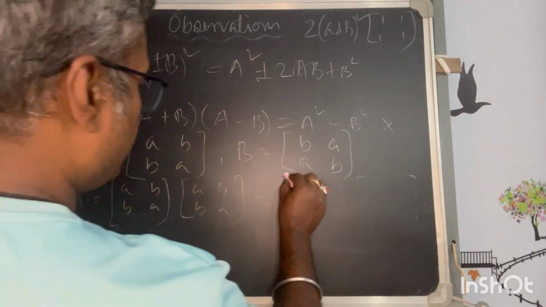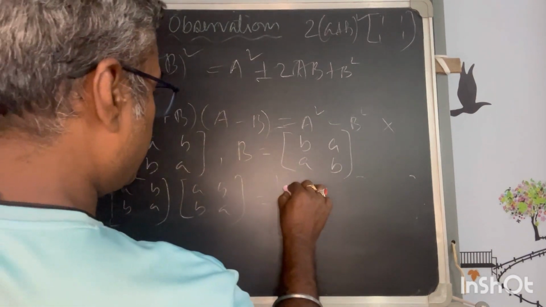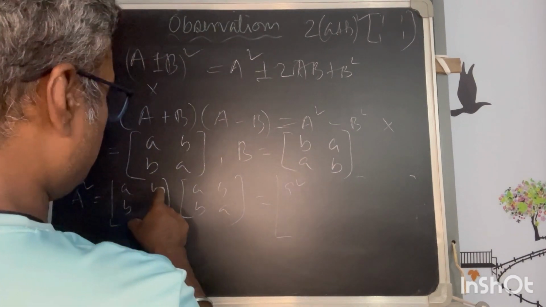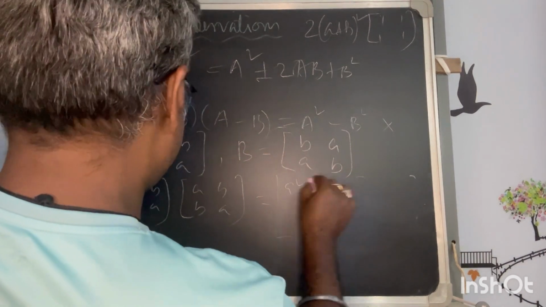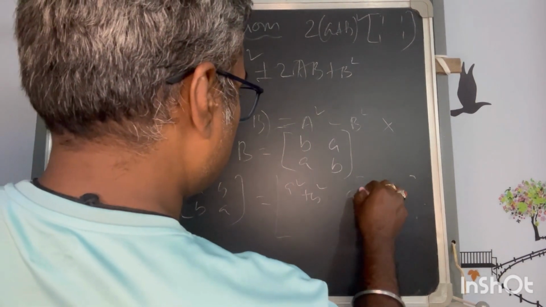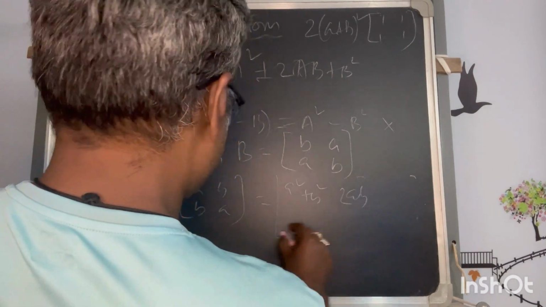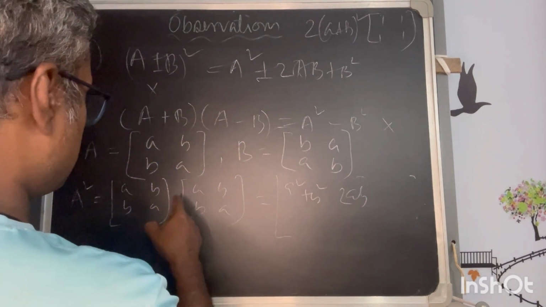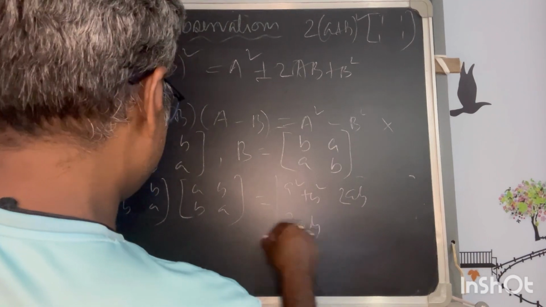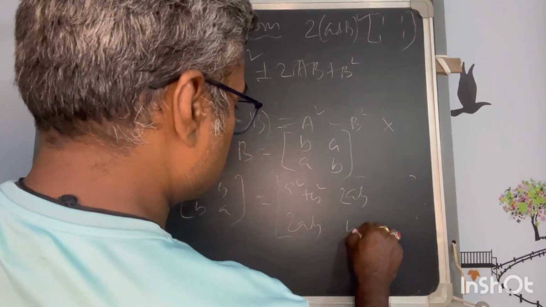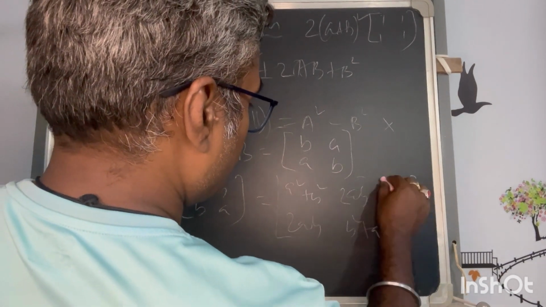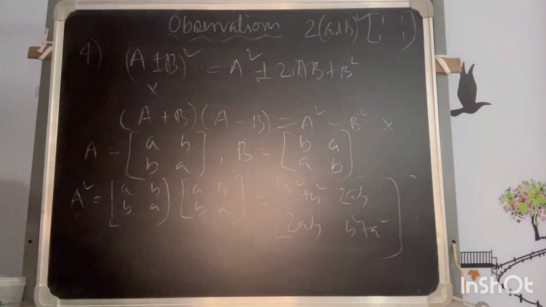If I multiply it, what will we get? A square plus B square I will get here, AB and AB, then 2AB, and this is equal to 2AB here, and this is equal to B square plus A square I will find. Okay, this will be the case of A square.